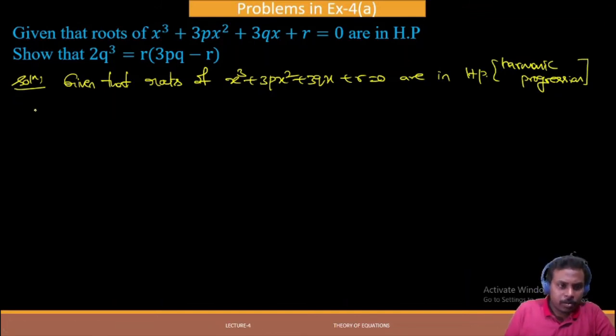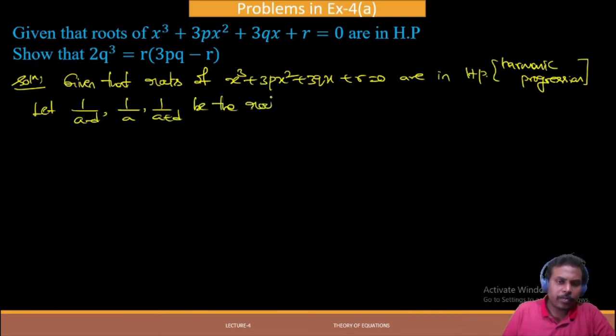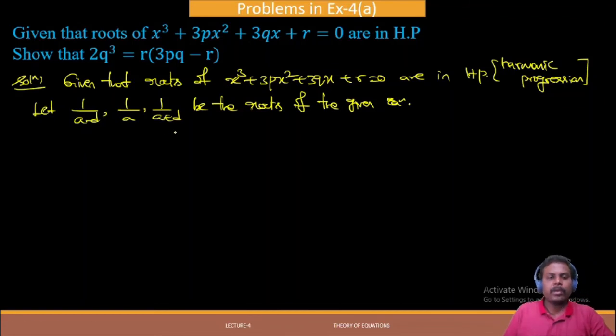Okay, so let me take my roots as 1 by a minus d, 1 by a, 1 by a plus d be the roots of the given equation. Okay, now let me take these as my alpha, my beta and my gamma. Now let me write what are S1 here.